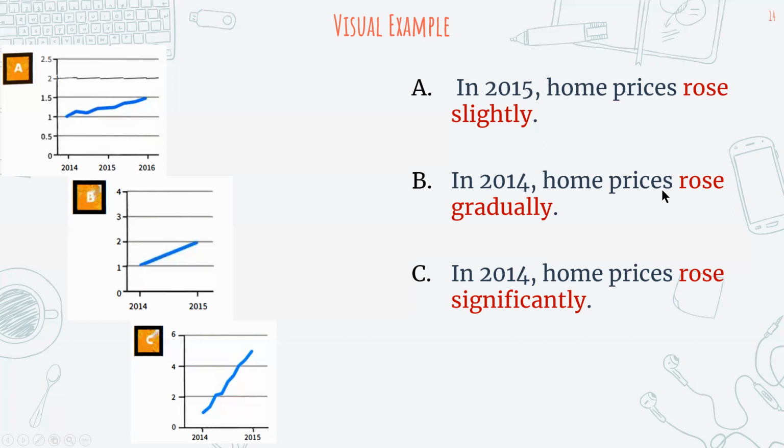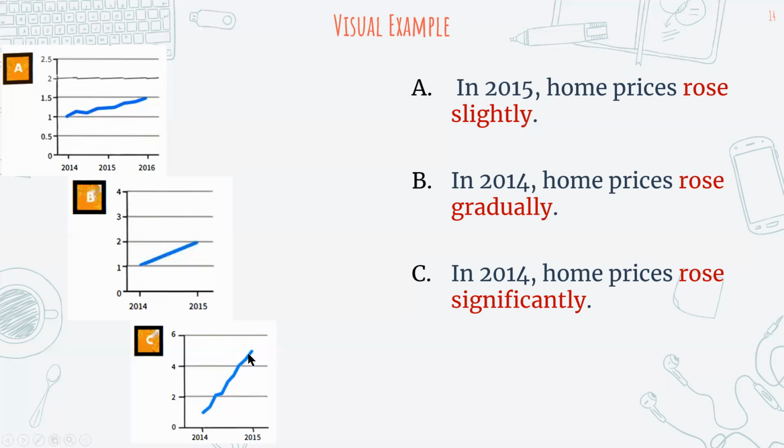In 2014, home prices rose gradually. This is what we describe as a gradual change, because in a 12 months period, the prices increased gradually, maybe by something like 150,000 every month. So it was a gradual change. In 2014, home prices rose significantly.